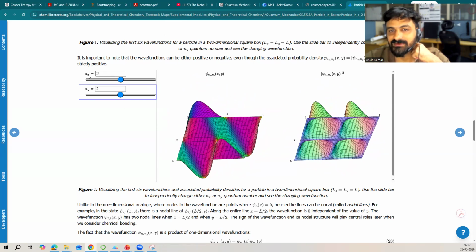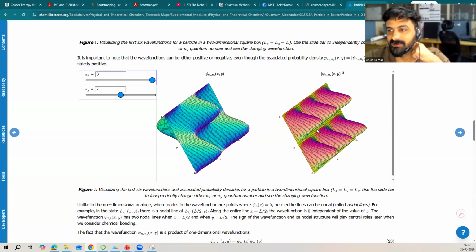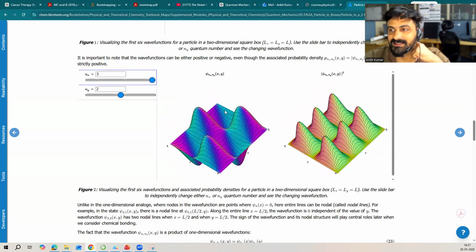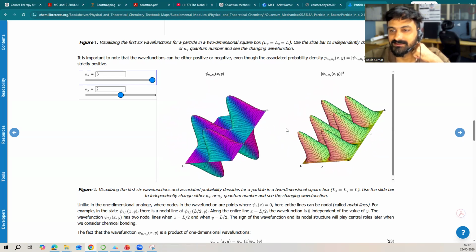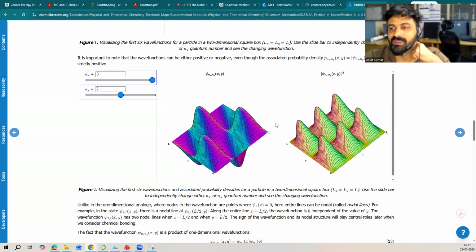Now let's try to set nx to 3. If I do 3, then what will happen? You can see the wave function is also changing, and obviously the probability density is also changing. It looks very interesting.